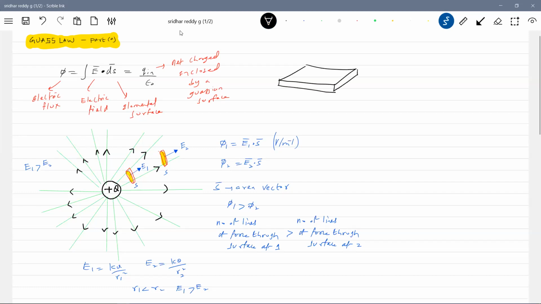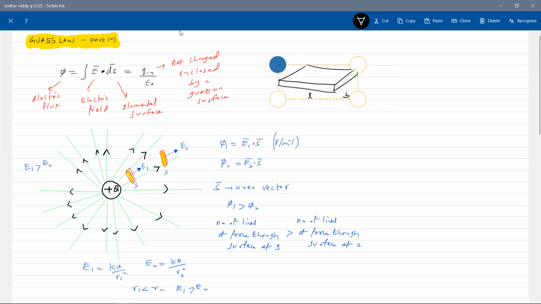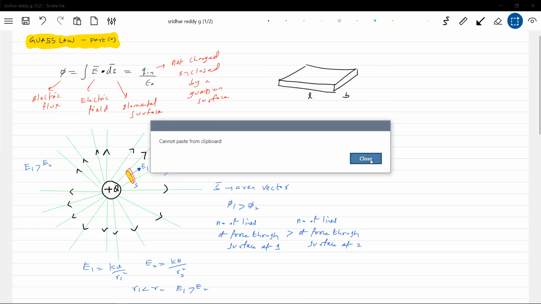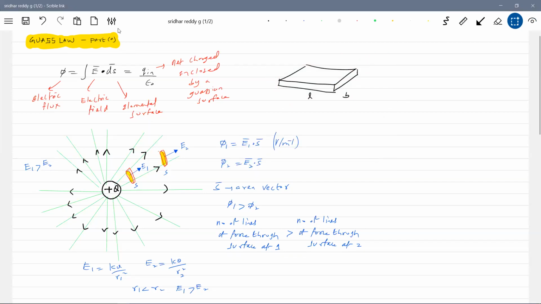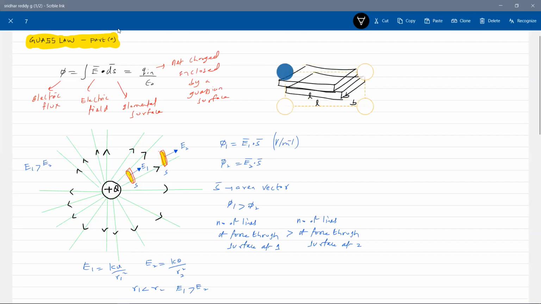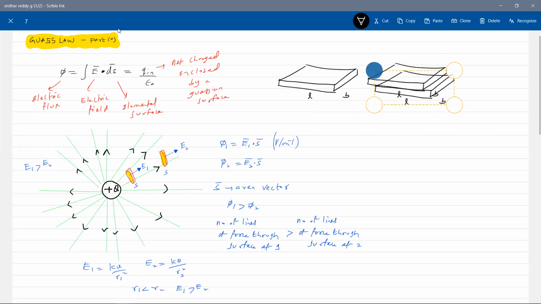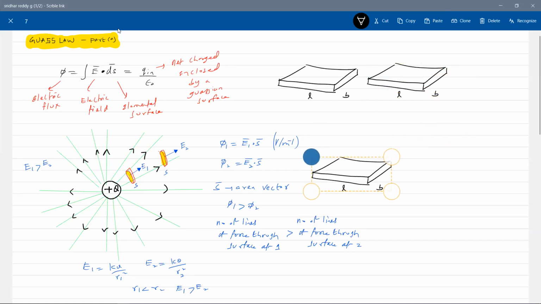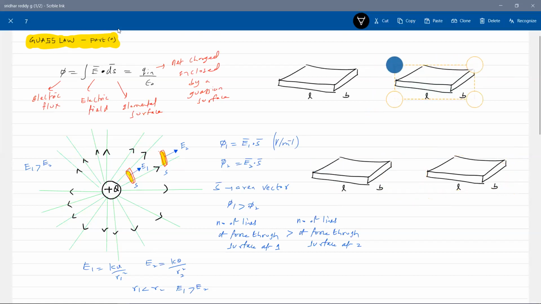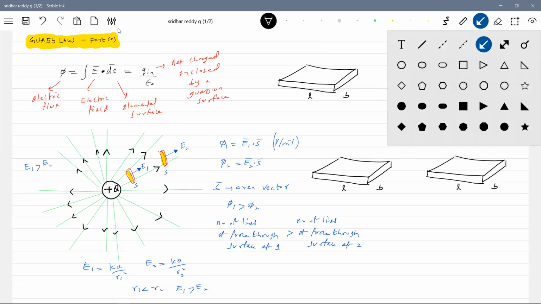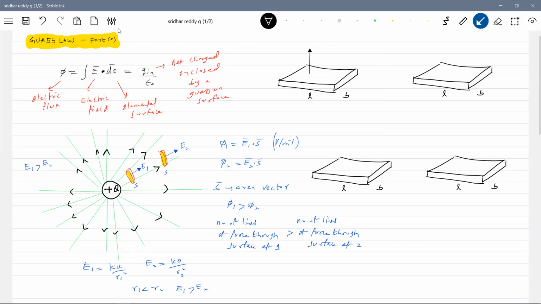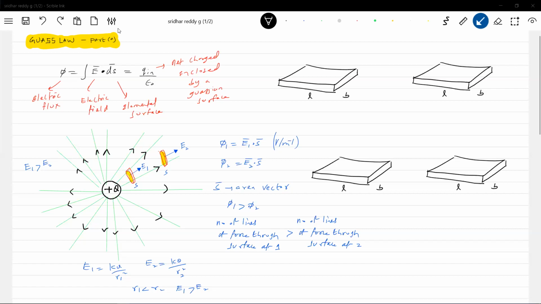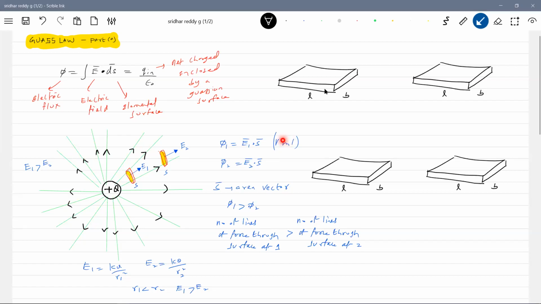Also, let me take a strip, length L, breadth B bar. Volt meter is there, no, per meter. And I'll do one thing.